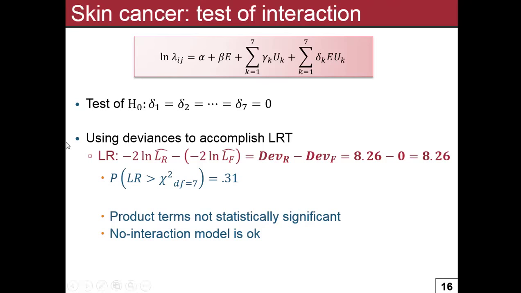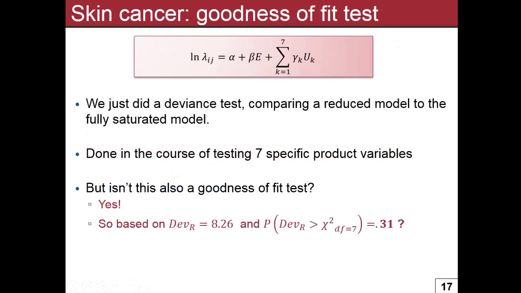So we fail to detect interaction, and we're going to drop those and then proceed, maybe with the reduced model without the city by age effect modifiers. We also talked about that same task, the same information here of comparing your model's deviance to that of a saturated model, which is also a goodness of fit test, as we talked about for logistic regression.